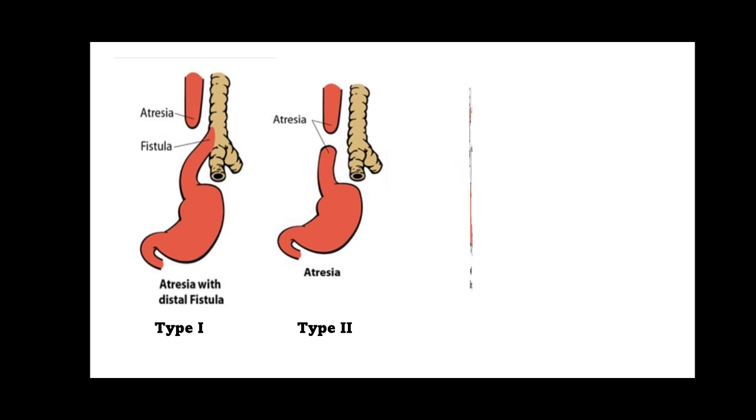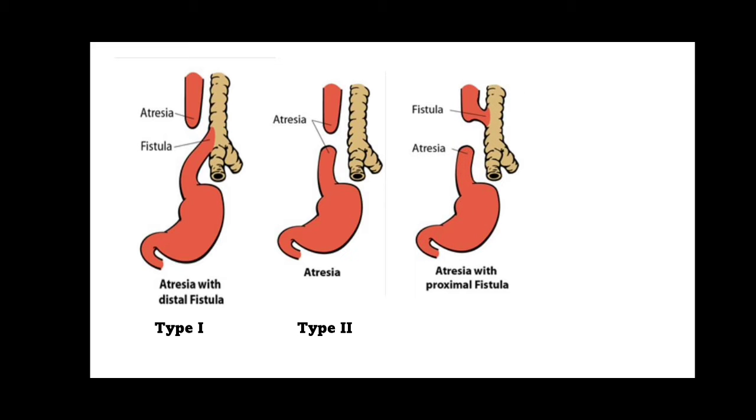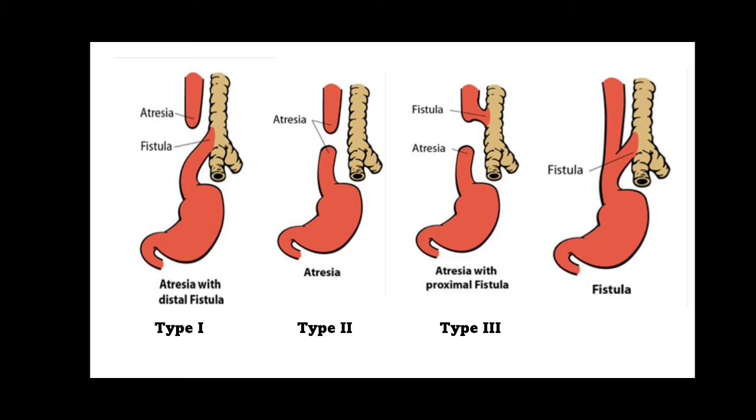Type 3, proximal fistula with the lower segment atresia. Type 4, a purely tracheoesophageal fistula. We have four varieties: type 1, type 2, type 3, type 4.